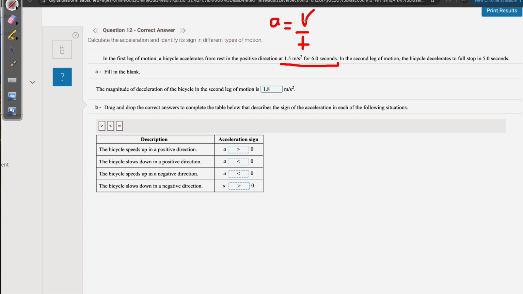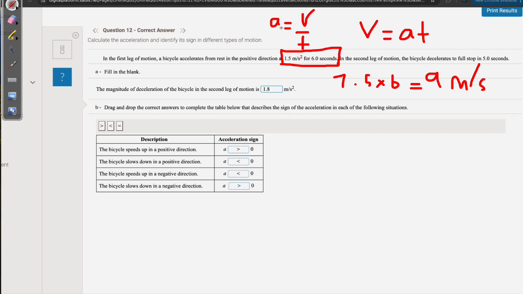We need to derive the rule: v is equal to acceleration times time. Now let's find the velocity of the first leg. 1.5 times 6 is equal to 9 meters per second, right?